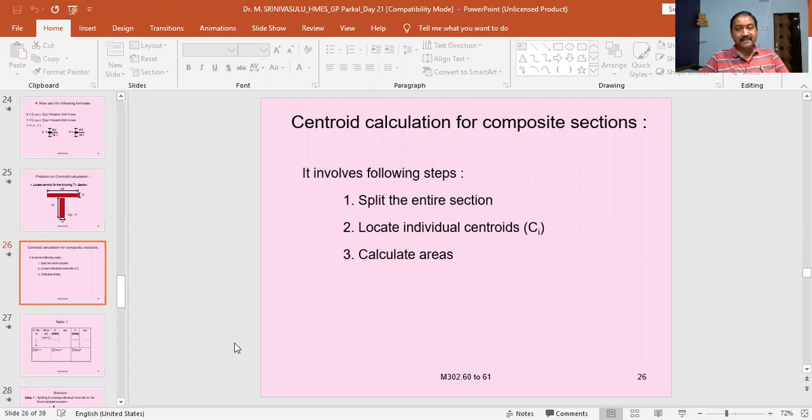So first we split the given section into as many standard areas as needed; in the present case it is two standard areas, that is, two rectangles. Next we have to locate the centroids. Here we name them rectangle 1 and rectangle 2.